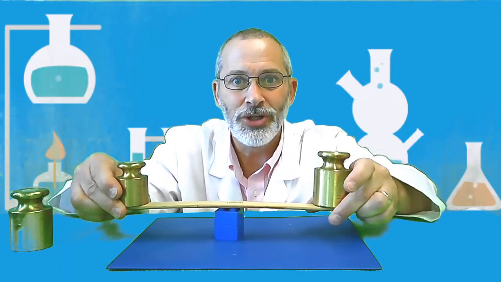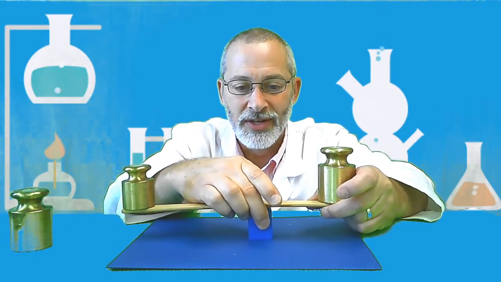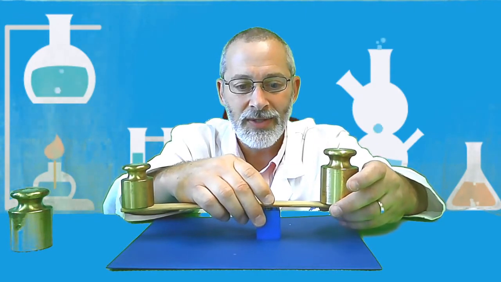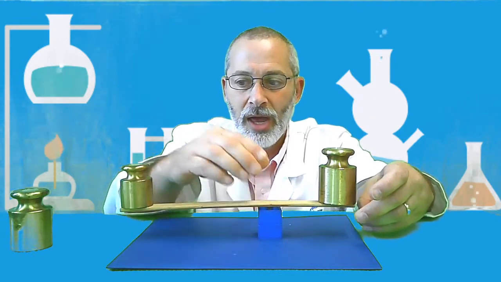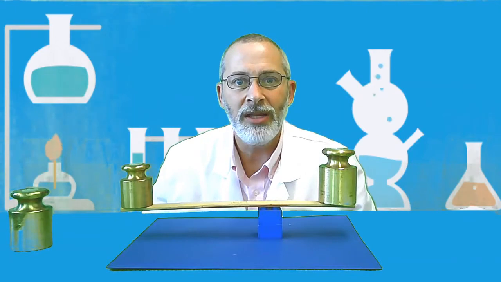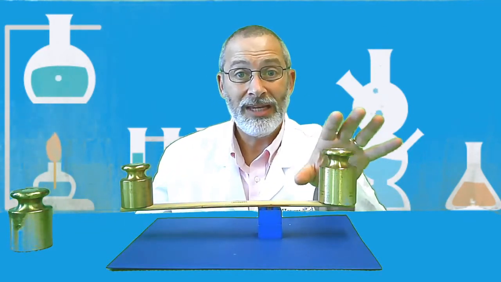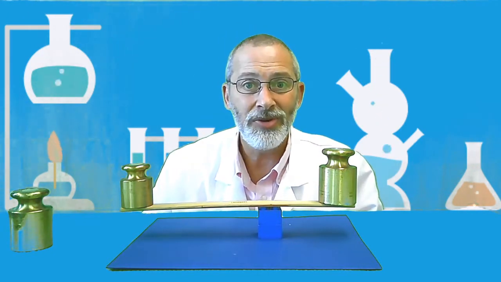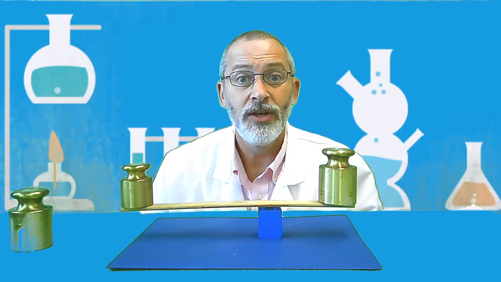But did you know that there is something that I can do to this lever in order to balance out this kilogram with only a half of a kilogram? Do you notice what I've done here with our lever? I've put 1 kilogram on one side and a half a kilogram on the other side. What have I done differently with this machine?